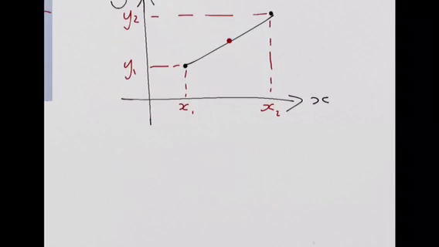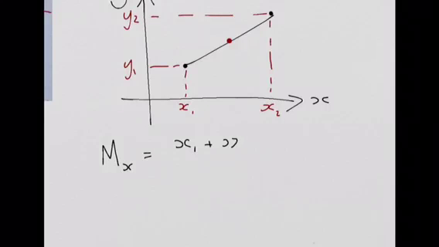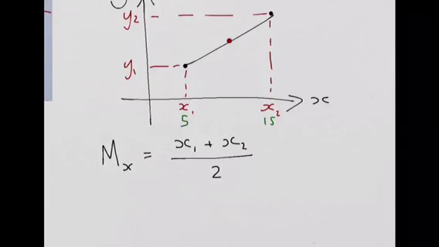So our mx, which I'm calling the x coordinate of the midpoint, is going to be x1 plus x2 over 2. Let's just say x1 was 5 and x2 was 15.